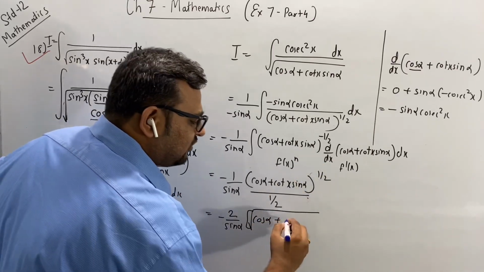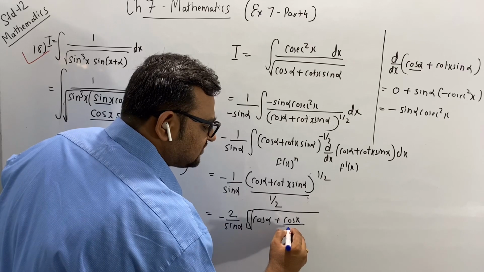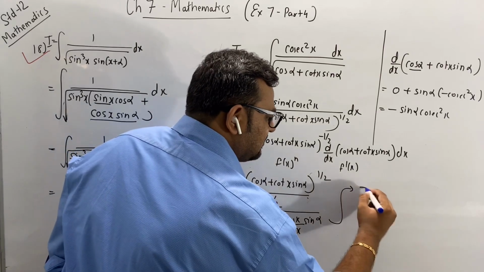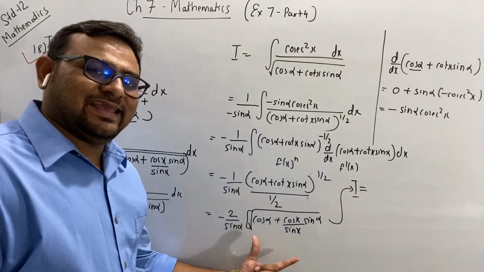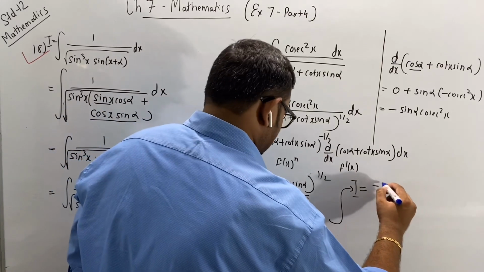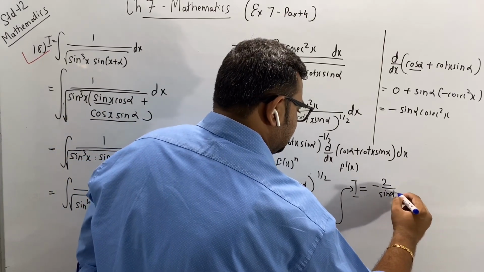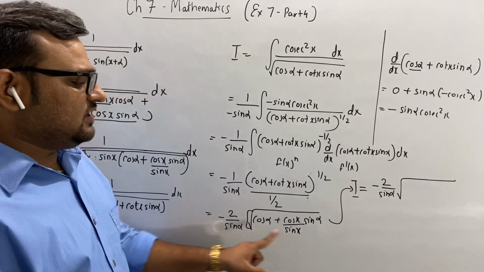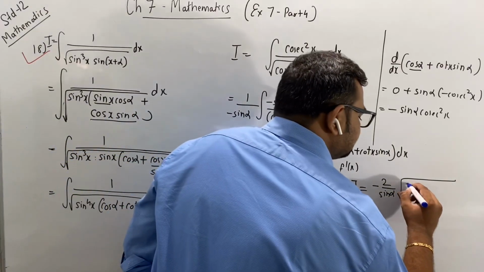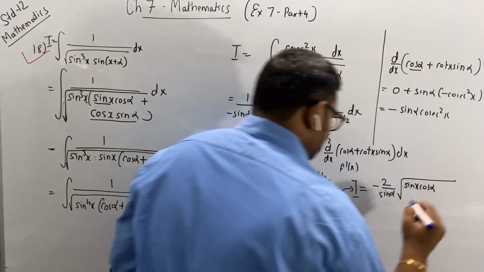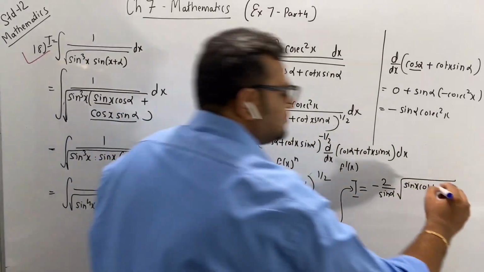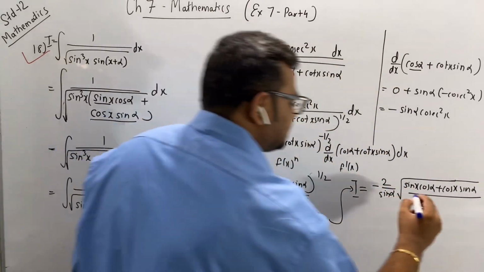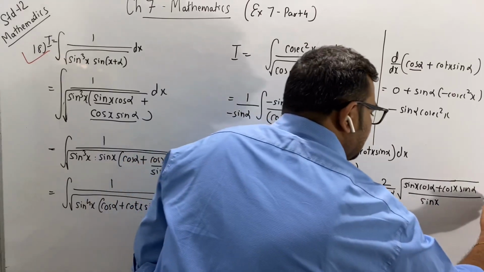Now let's put cot x is equal to cos x upon sin x into sine alpha. So here taking LCM, this will be minus 2 by sine alpha, square root of sin x into cos alpha plus cos x into sin alpha upon sin x, plus c.